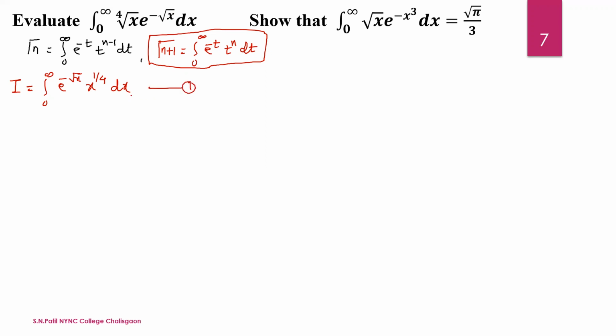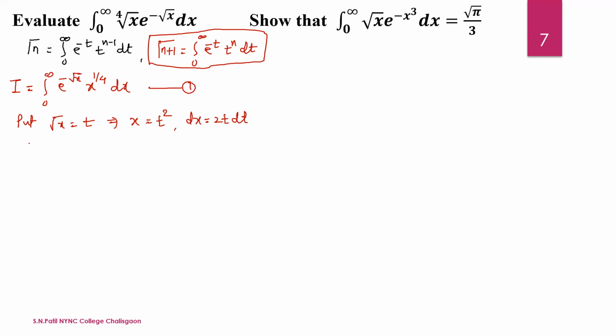Suppose this is equation number 1. Put root x equal to t. Now for finding x, I am squaring both sides so that x is equal to t square. Therefore differentiating both sides, dx is equal to 2t dt.